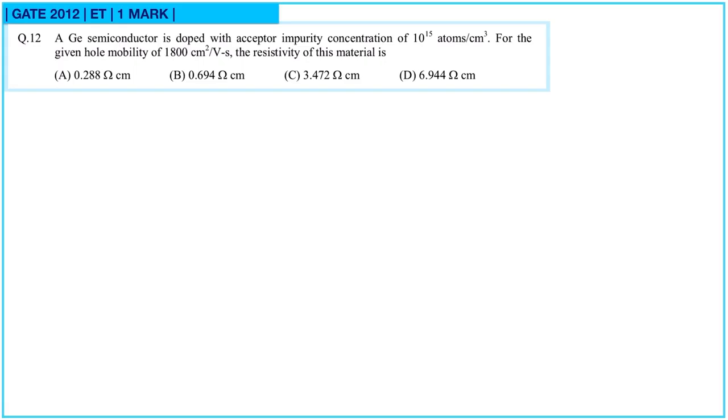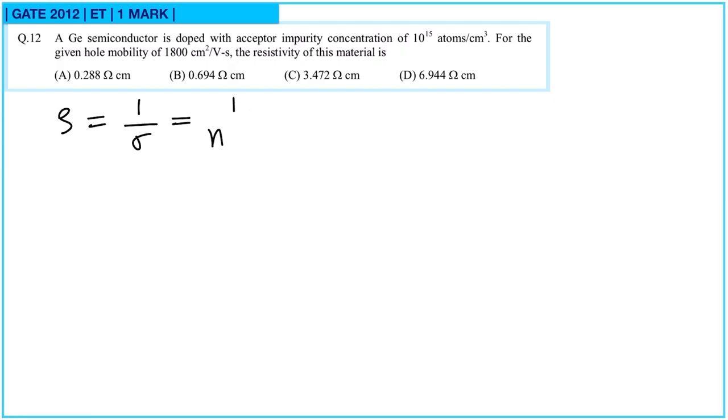Next, question 12. A germanium semiconductor is doped with acceptor impurity concentration of 10 raised to 15 atoms per centimeter cube. For the given hole mobility of 1800 centimeter square per volt second, the resistivity of this material is. Now resistivity is equal to 1 upon conductivity, and conductivity is N e mu.